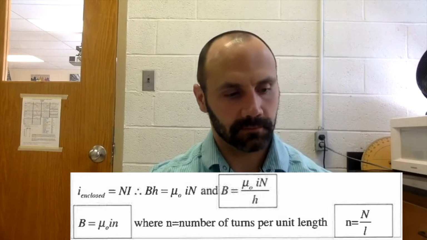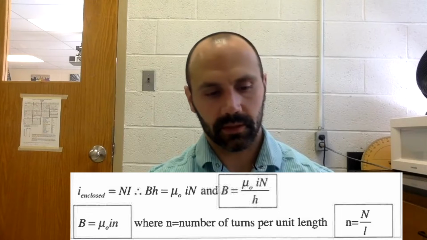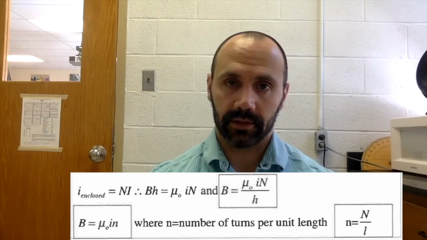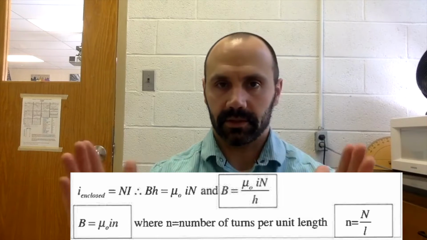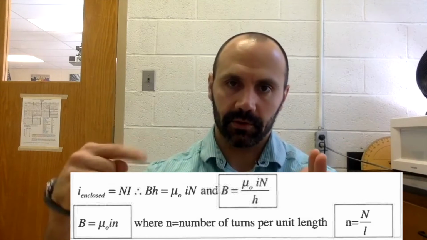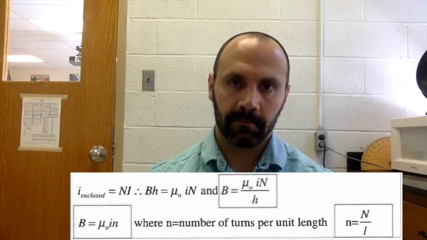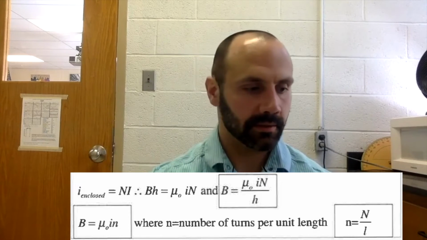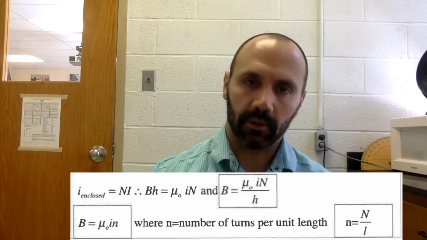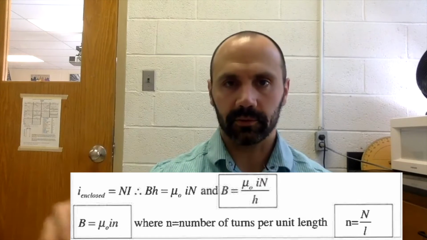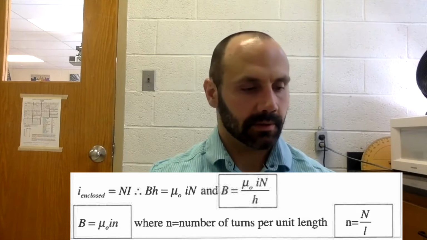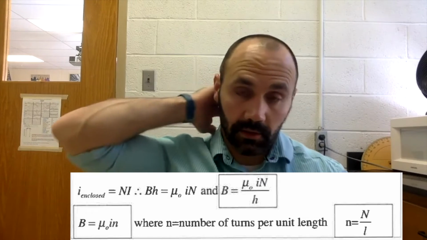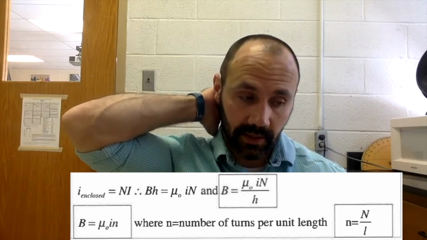Okay, and so it's B equals mu naught I N over h, capital N over lowercase h, where h is some distance and N is the number of turns within that distance. N over h can be substituted with a lowercase n, which you see there, and lowercase n is just the number of loops per unit length. So that's inside a long solenoid, and we're going to be seeing that quite a bit.